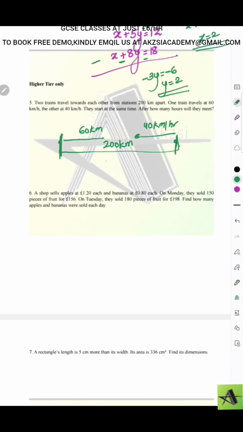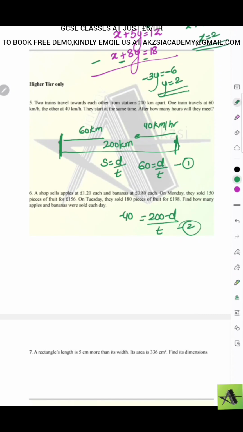So for the first one, speed equals distance over time, and the first speed is 60. Let's say distance be d and time be t. Then for the second one, the distance will be 200 minus d, because since they have different speeds, the distance traveled will also be different. So speed will be 40 equals (200 minus d) over t. This is equation 1, this is equation 2.